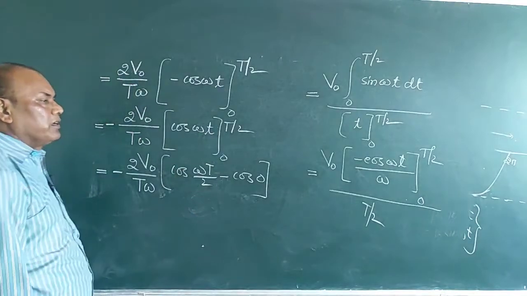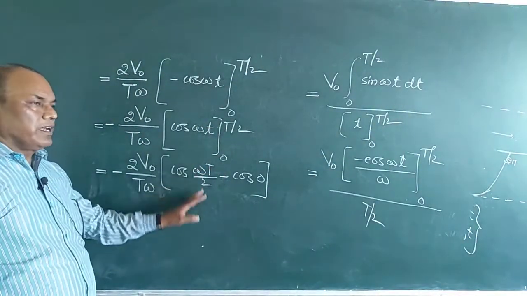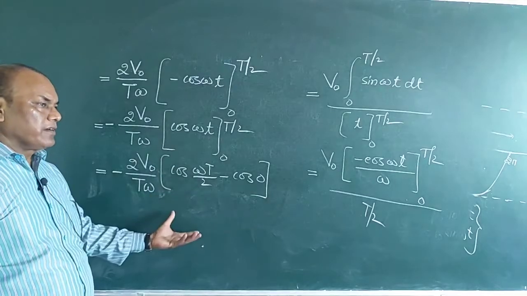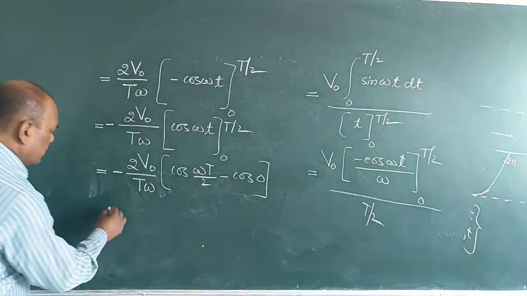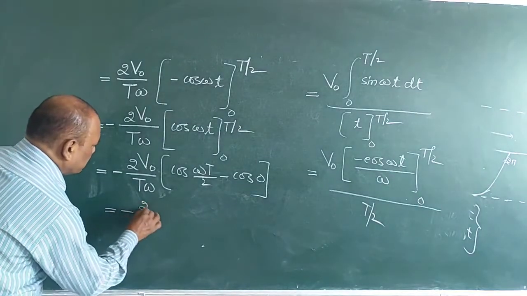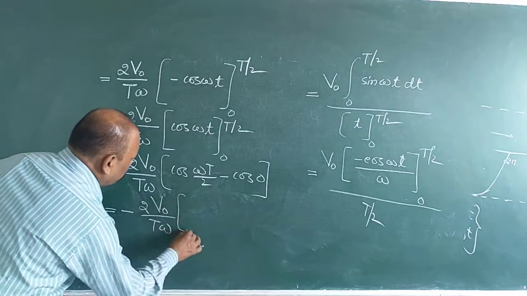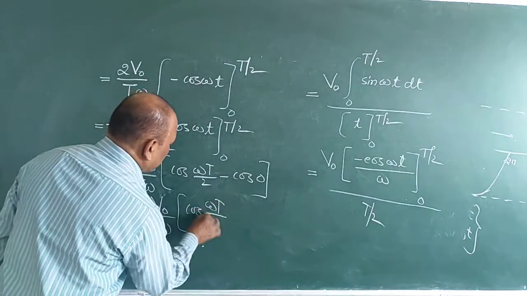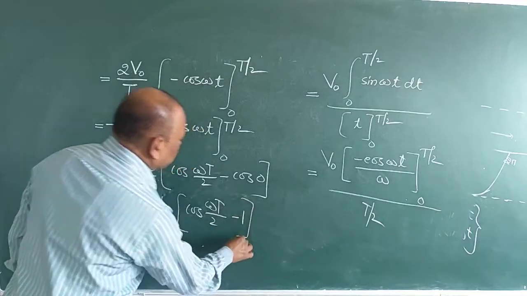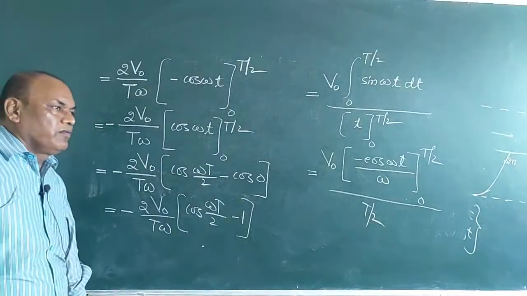This is the higher limit and this is the lower limit. So to get the definite value, we have to subtract the value of the lower limit from the higher limit. This becomes minus 2 V0 upon T omega, into cos omega T by 2 minus 1, because cos 0 is 1.